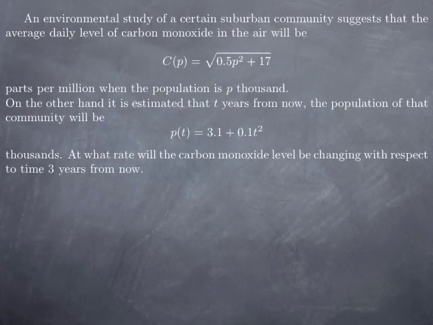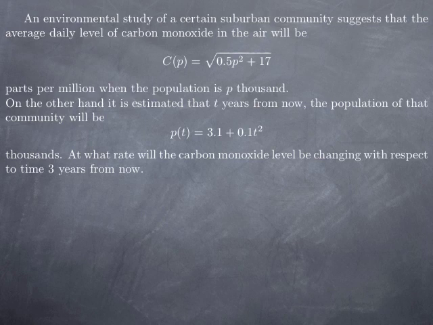Let's look at a more concrete type of problem. Here we have an environmental study of a certain suburban community that suggests that the average daily level of carbon monoxide in the air is given as a function of the population p in thousands.